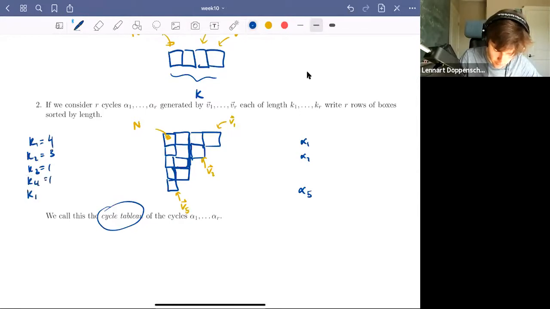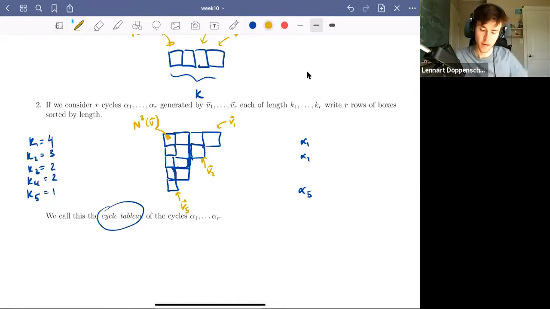And K5, sorry, no, K3 and K4 are both 2. And K5 is also 1. So this means this is n to the 1, 2, 3 applied to v. I think that's all the information that this tableau is encoding.